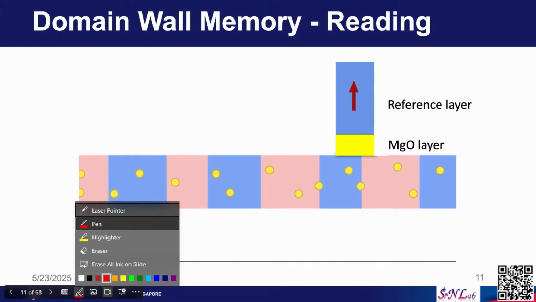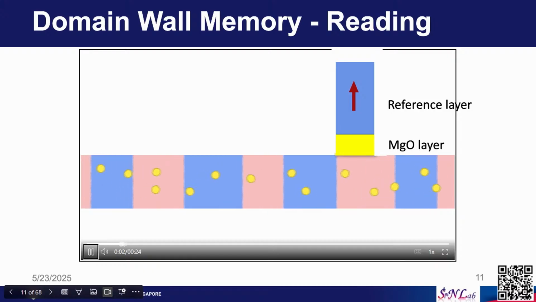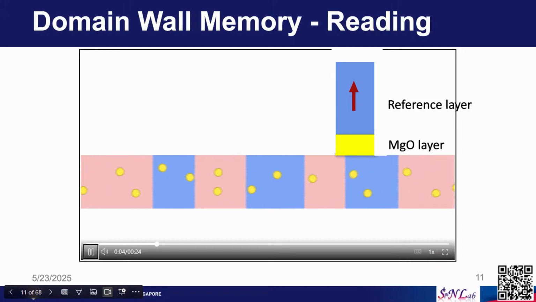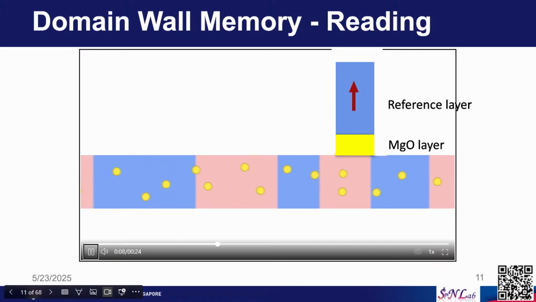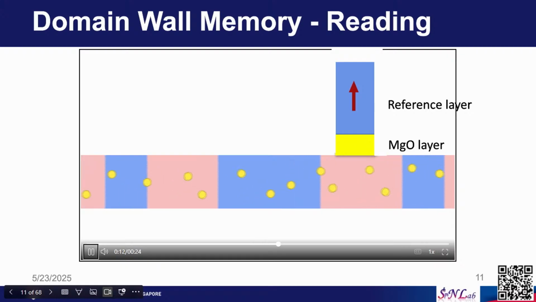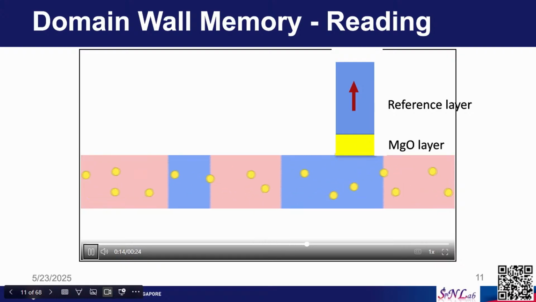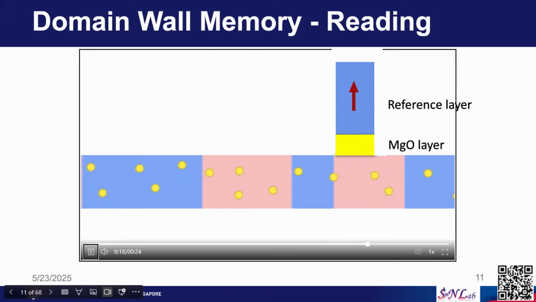So, let us see how it works. We are sending current through the domain wall device, we are shifting the domain walls. So, the domain wall gets shifted, now you will have low resistance, high resistance, low resistance, high resistance and so on.